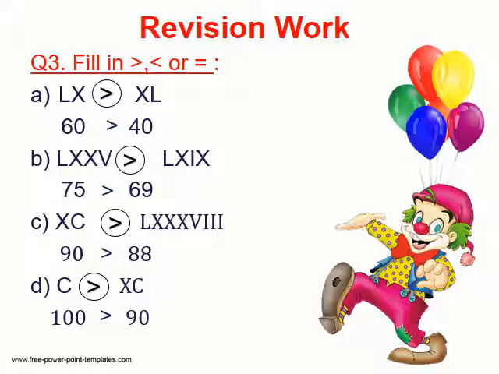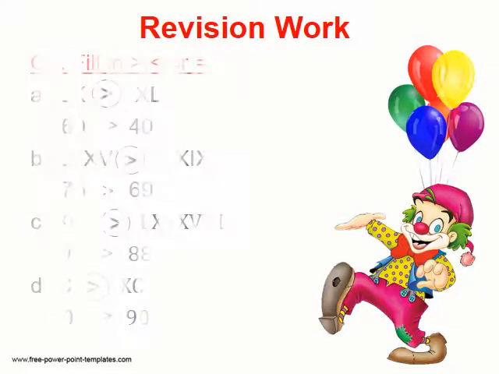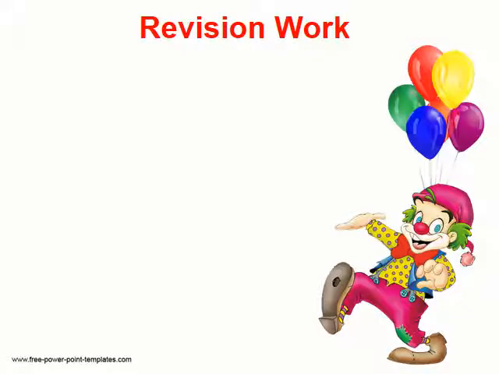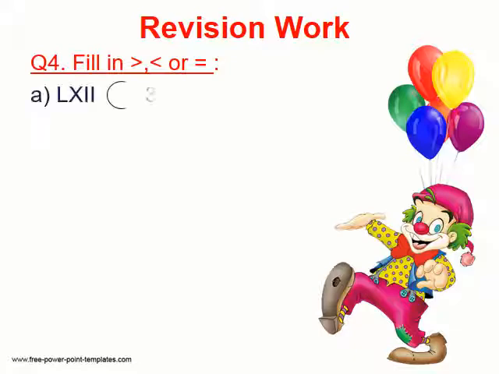Now children, let's come to the next question of our revision work, which is question number 4, and again we have to fill in the greater than, less than, or equal sign. The A part is LXII and 31 multiplied by 2.